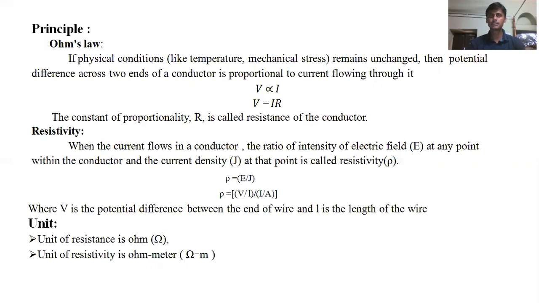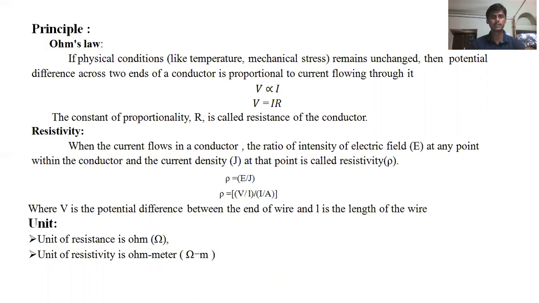So V is the potential difference across the two ends of a conductor and I is the current flowing through the conductor. From Ohm's law, V is proportional to I, V equals IR, where R is the constant of proportionality and R is called the resistance of a conductor.